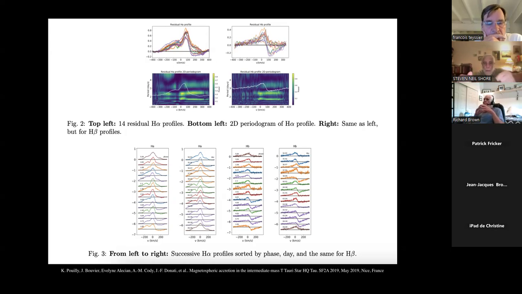So you would expect to see red shifted high velocity material rather than blue shifted high velocity material. And if you have variation in the accretion over time, those fluctuations should show up as a map of the material that's falling onto the central object.